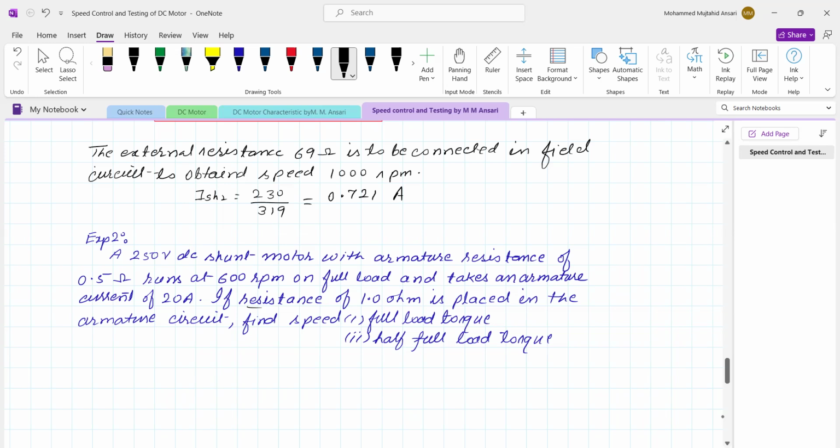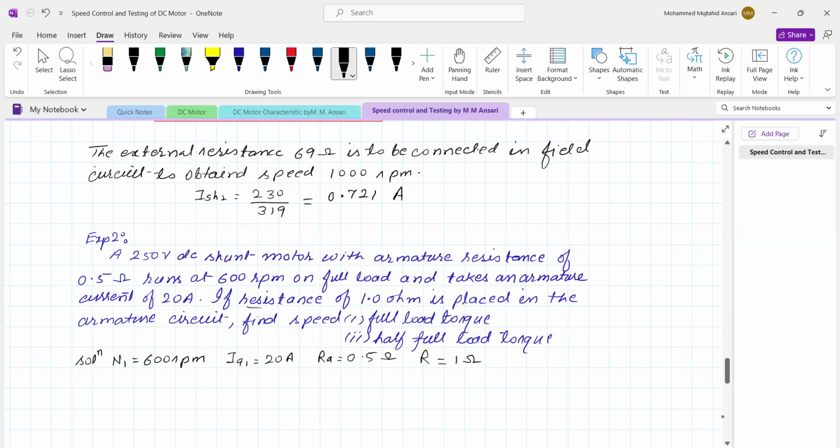Okay, so for that purpose, the given data is N1 equal to 600 RPM, whereas the back EMF we can calculate when armature current IA1 is equal to 20 ampere, armature resistance Ra is 0.5 ohm and external resistance R is 1 ohm, isn't it?